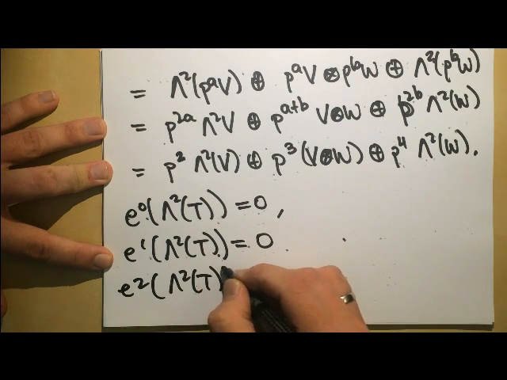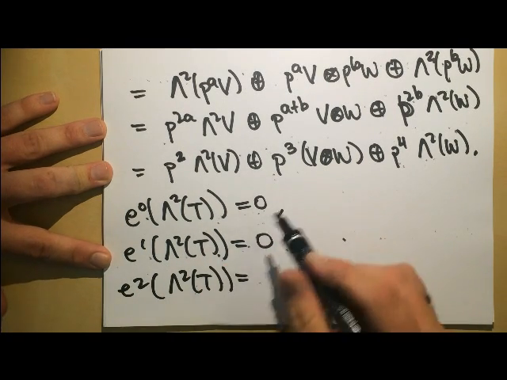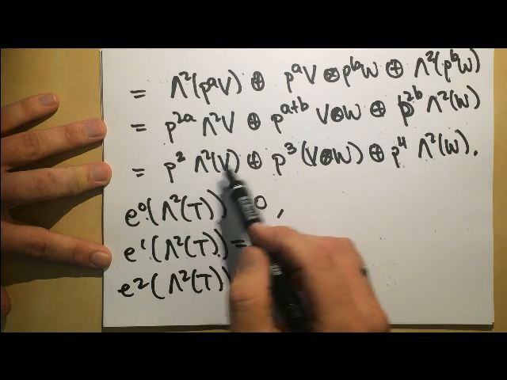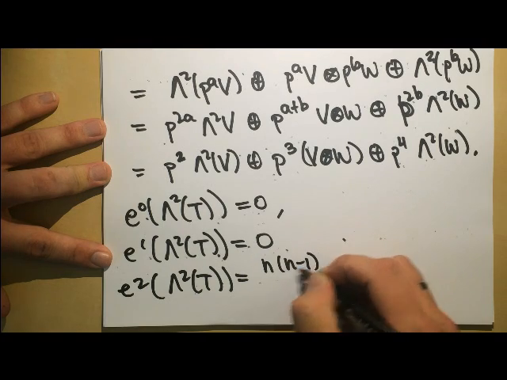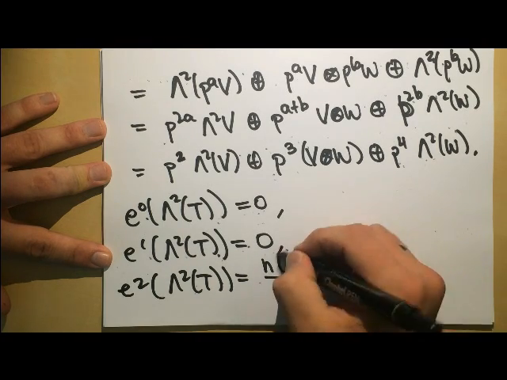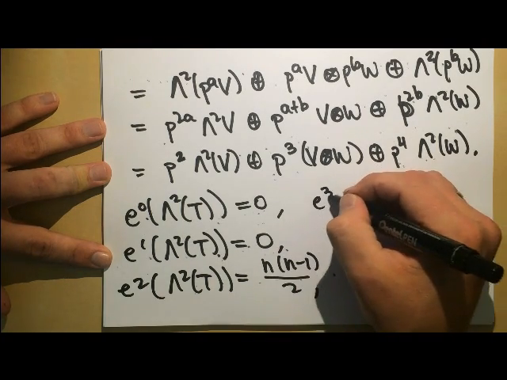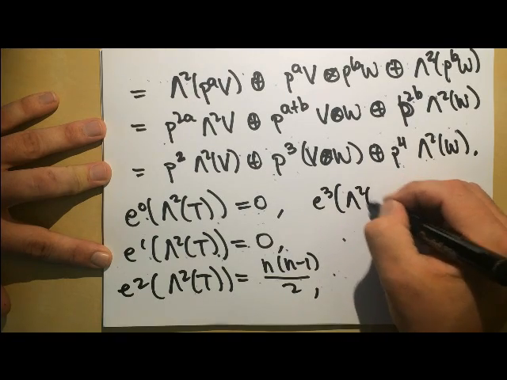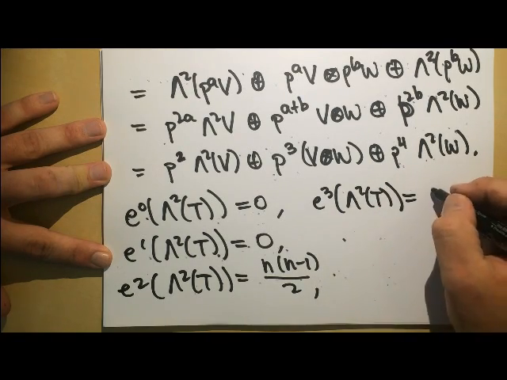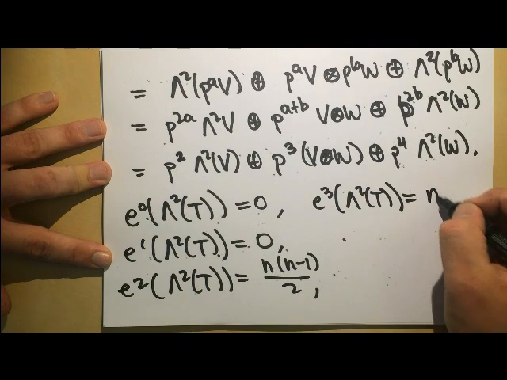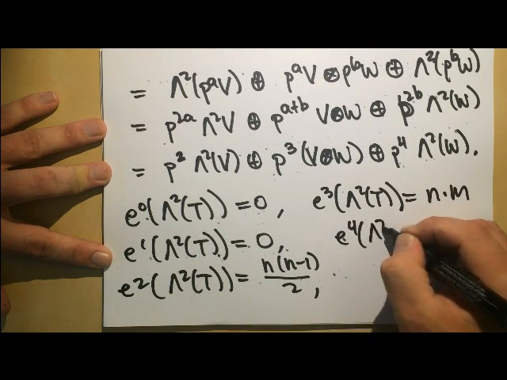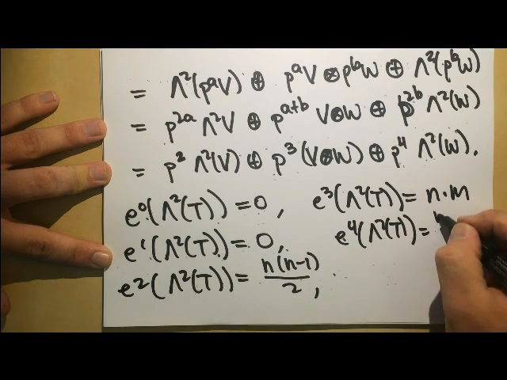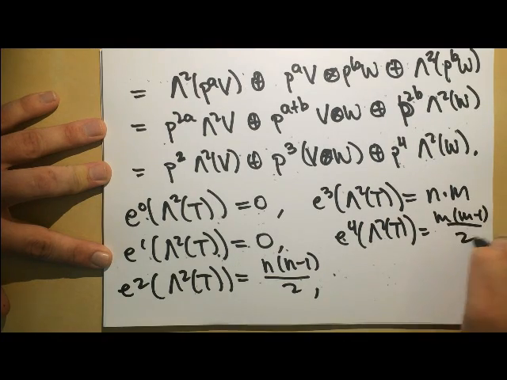E2, so this is the dimension of V, so this is n times n minus 1 divided by 2, since it's the antisymmetric part. E3 of this thing, so this is these two things multiplied times each other, m times m. And then E4 of this thing, so this is m times m minus 1 divided by 2.